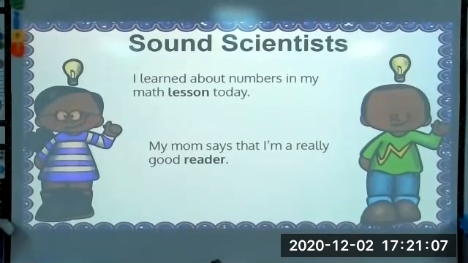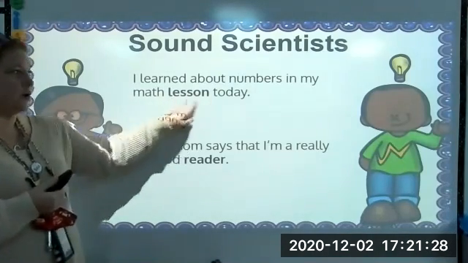Our first sentence today for our sound scientists is, I learned about numbers in my math lesson today. If you look carefully at that sentence, which word are we going to talk about first? That's right, the word lesson. It's bolded.